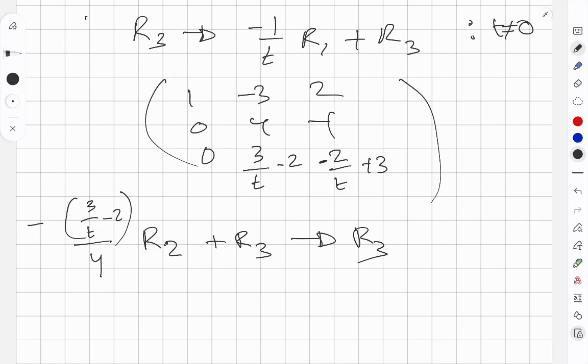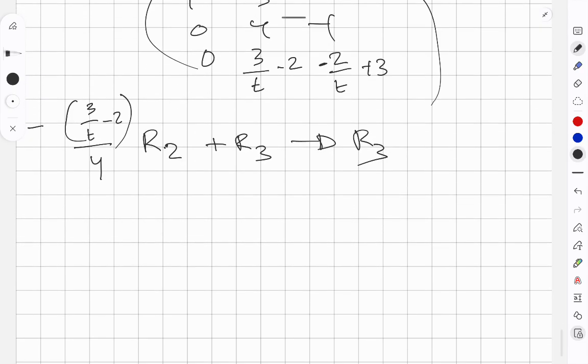First you divided the second row over 4, and then you multiplied it by a negative of this, and whenever I add this one, it will become 0. This will become 0, but not this. I don't want to make that 0 right now. My idea is make this one 0 first.